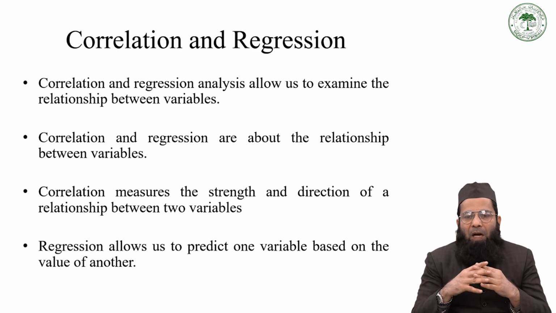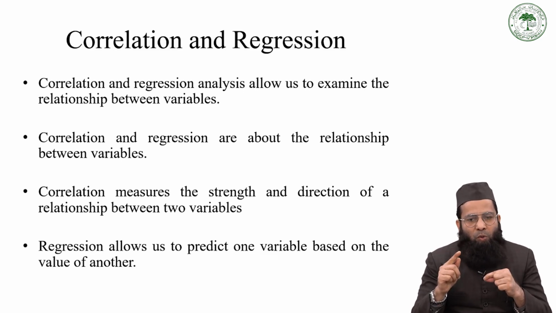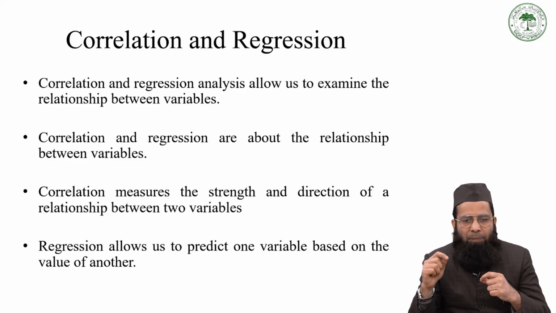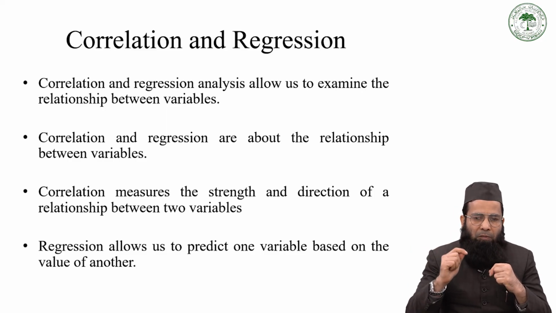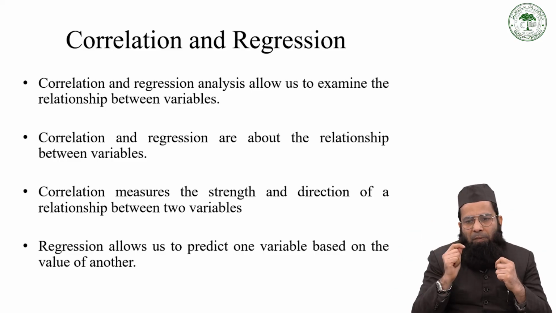Correlation and regression are about the relationship between variables. Correlation measures the strength and direction of a relationship between two variables. Direction means either positive or negative. If the value of one variable or feature is increasing and the other parameter's value is also increasing, it is a positive direction.